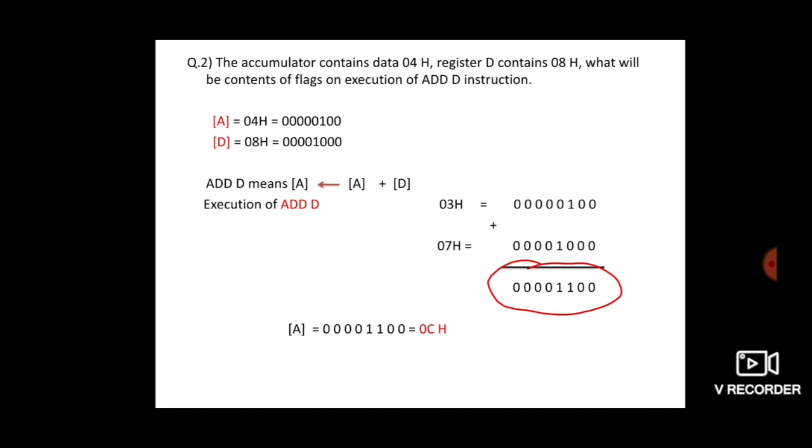No. So the auxiliary carry flag is reset. Or here, one more thing: a 9th bit is not generated, meaning no overflow from bit 7. The 9th bit is not generated, so is the carry flag set or reset? Reset. Now see how to calculate the flag contents.